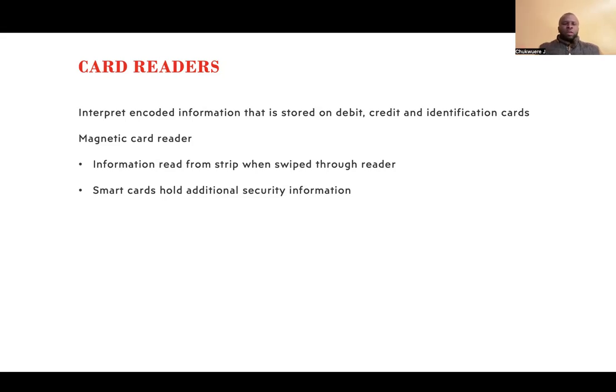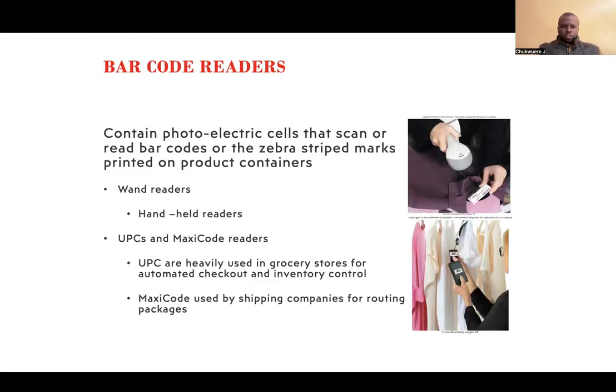There is the magnetic card reader, which reads information from the strip when swiped through the reader, like at the shop when they scan your bank card. As soon as they swipe it, they are able to interpret the content on that card. There are also smart cards, which hold additional security information, right?